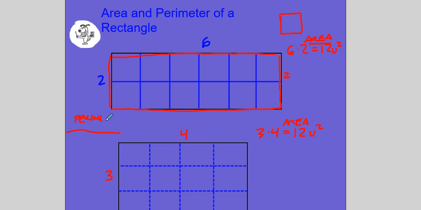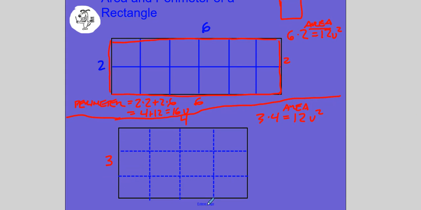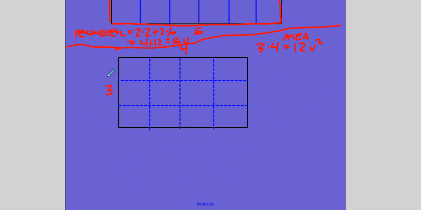So the perimeter of this first rectangle is 2 plus 2 plus 6 plus 6, but it's easier to use multiplication. That's 2 times 2 plus 2 times 6, so that's 4 plus 12, which is 16 units. It's not square units here, it's a length. In the second one, following that same idea, I have 3 here, 3 here, 4 here, 4 here.